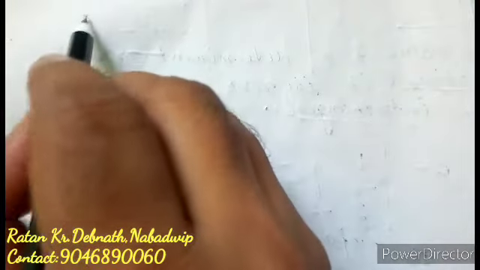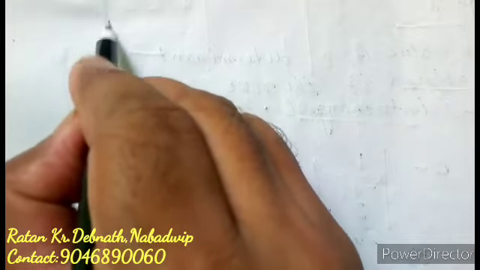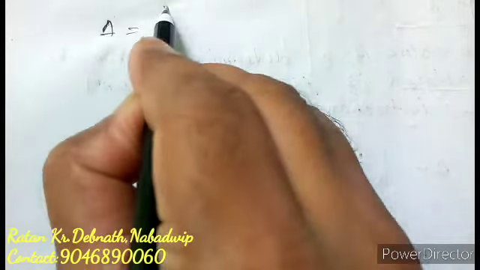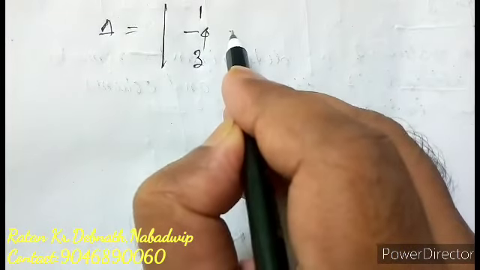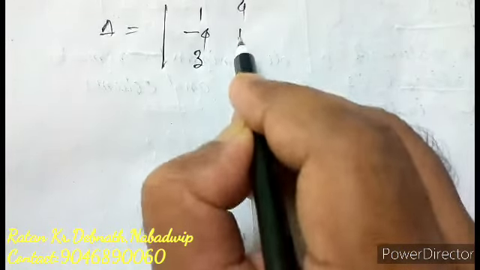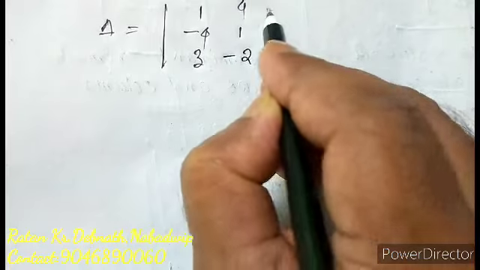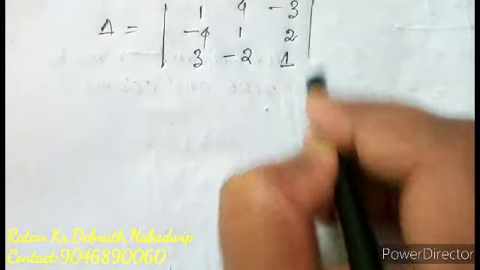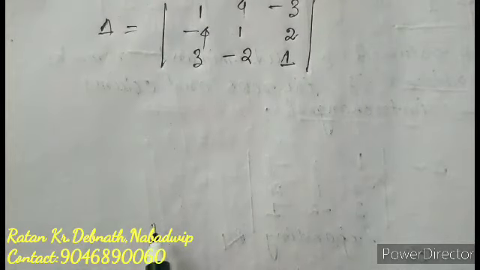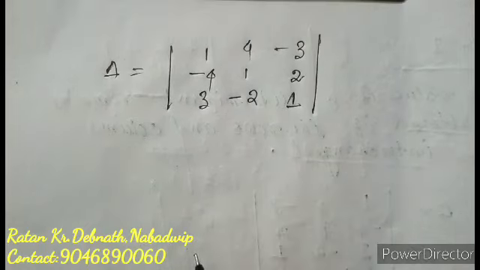The actual determinant is 1 minus 4 3, 4 1 minus 2, and minus 3 2 1. Now if I interchange the rows into columns and columns into rows, what will happen?